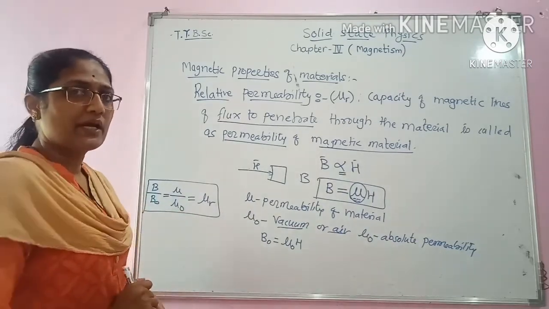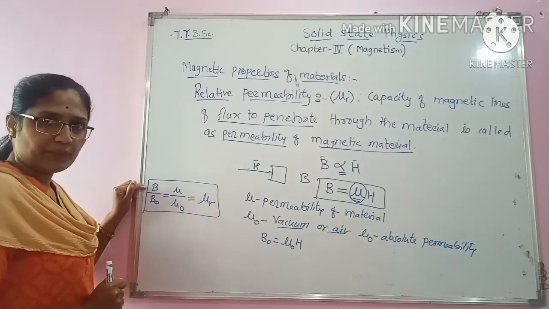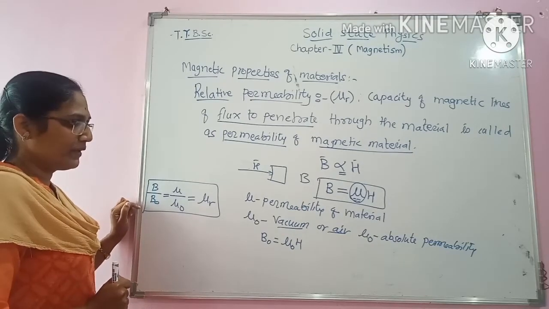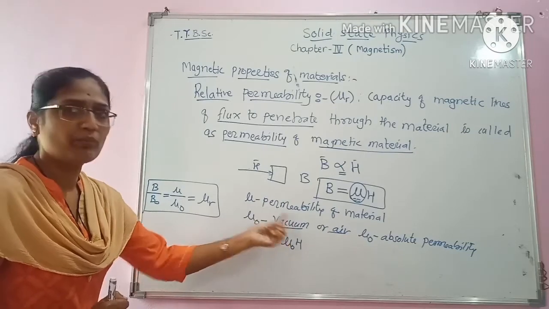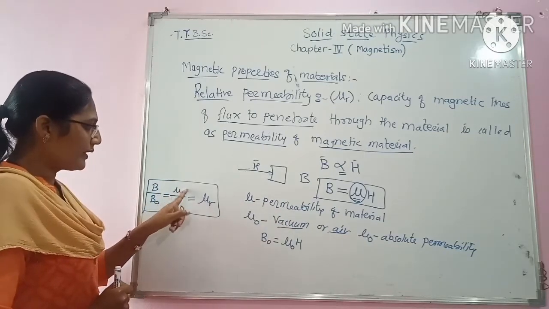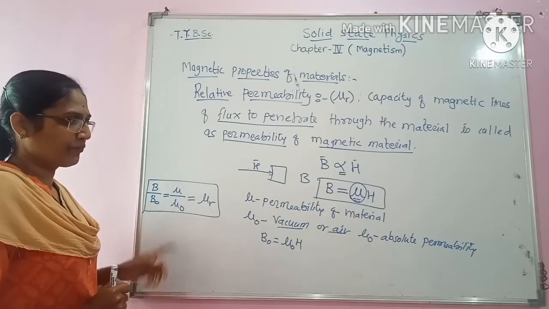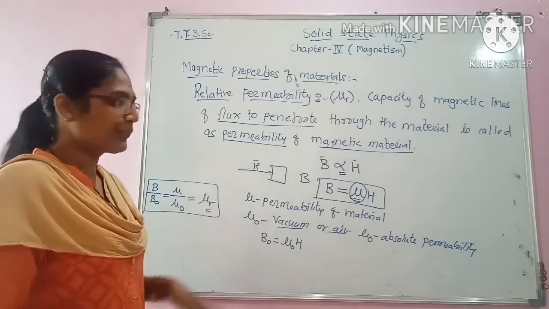Relative permeability is the ratio of magnetic induction in the material to the magnetic induction produced in vacuum or air, or the ratio of mu upon mu naught.